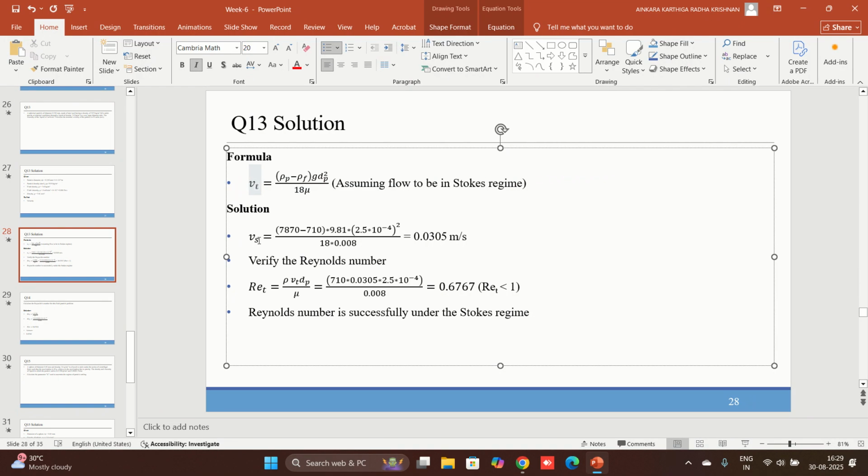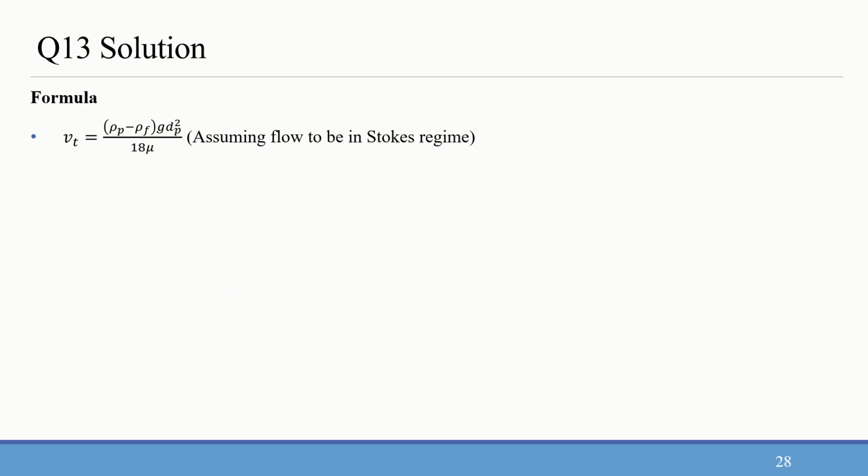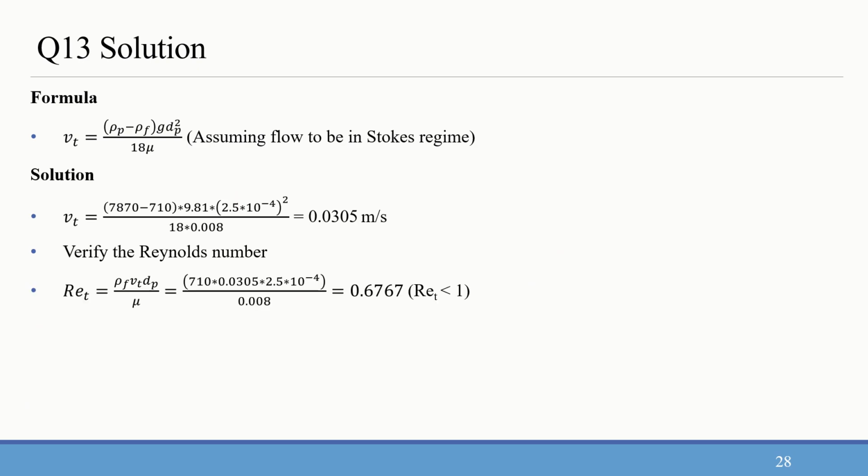And after calculating the velocity, we put it back in the Reynolds number equation and checked whether it is under the Stokes regime, and we found it to be under the Stokes regime. If the value came out different, you should go back to identifying it using Newton's law formula. So that is how we get the formula, and this is how we do the solution. I hope the solution is clear.